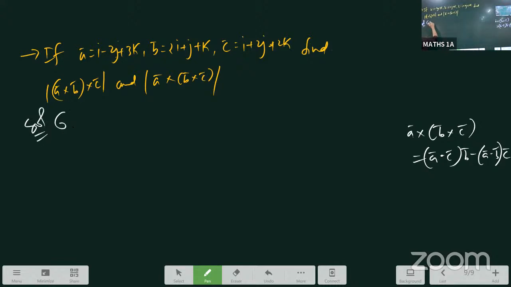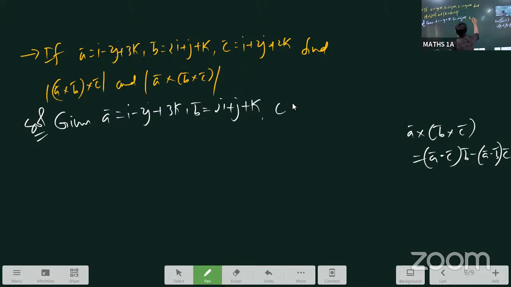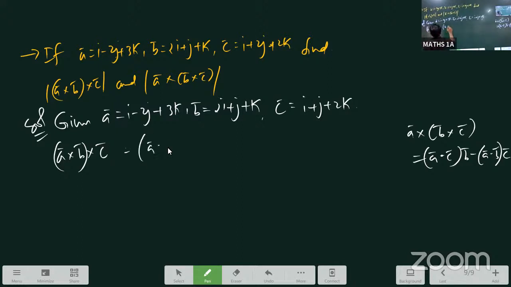Now see the solution. Given a bar is i minus 2j plus 3k, b bar is 2i plus j plus k, and c bar is i plus j plus 2k. Now first let us find a bar cross (b bar cross c bar). According to the definition, (a bar dot c bar) b bar minus (b bar dot c bar) a bar.